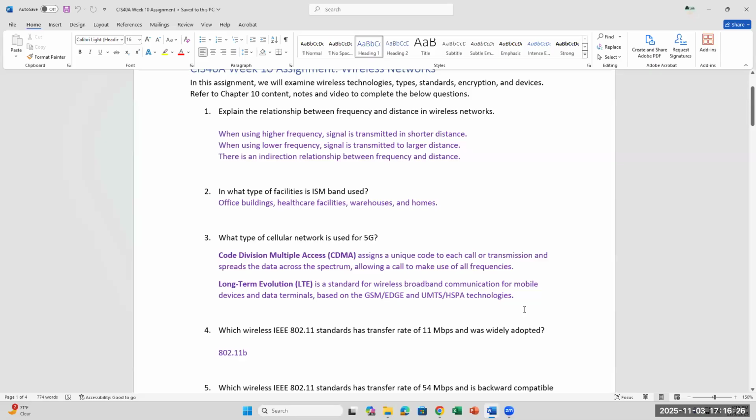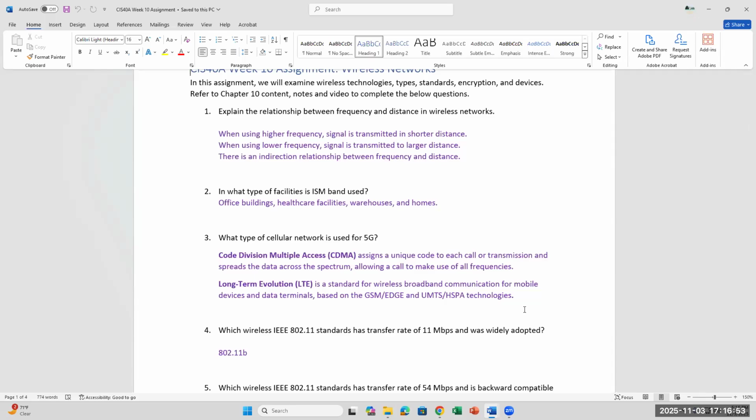So for number two, what type of facility is the ISM band used in? You would see it used in a regular office building, not necessarily a tall-rise, just for office use. You would see it in a medical or healthcare facility like a hospital or urgent care type of environment.